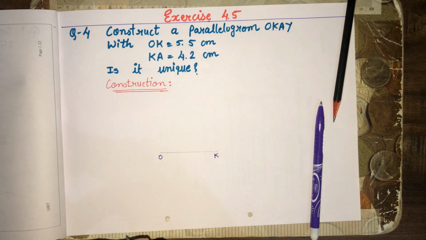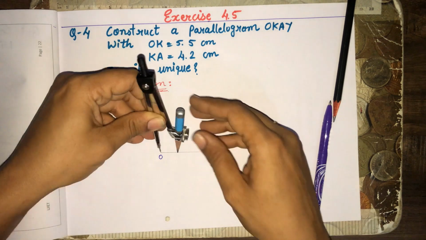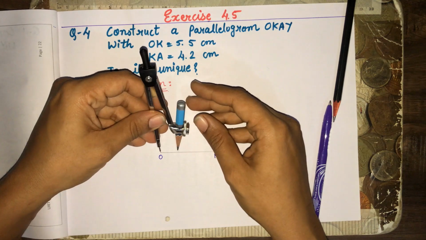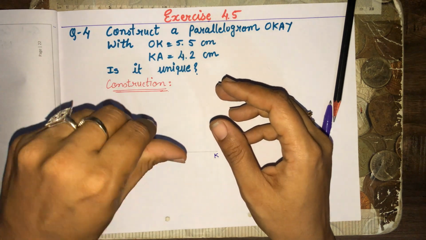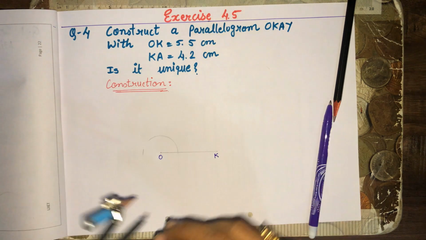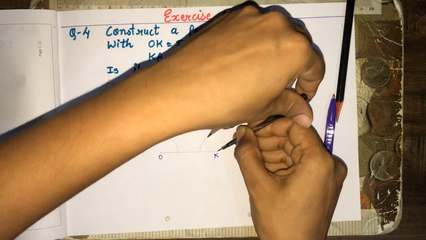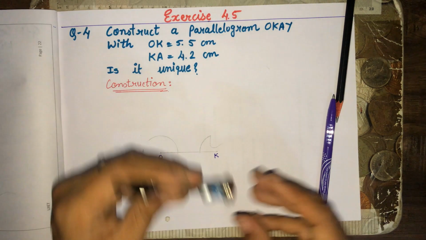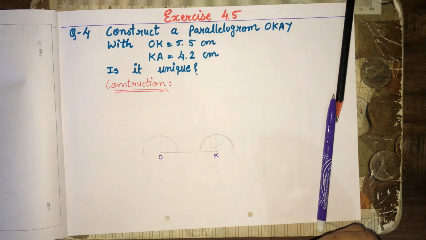So for that, what I'll do is, taking a random radius and O as center, we'll put one arc from O, and the same will repeat taking K as center.